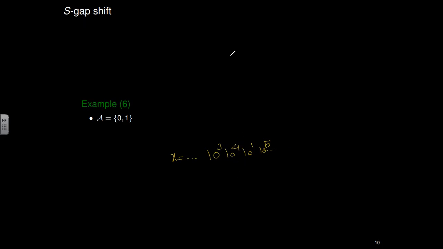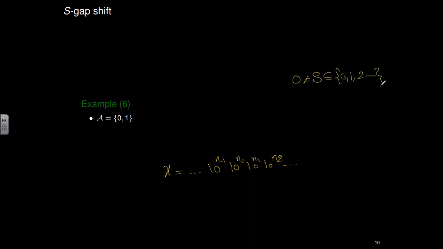In the general case, one point would look like this: x, 1, then n minus 1 zeros, then n zeros, then the next run of n minus 1 zeros, and so on. Let S be a non-empty subset of 0, 1, 2, and so on.